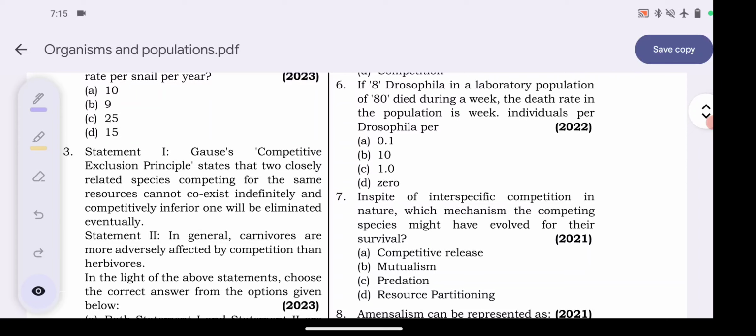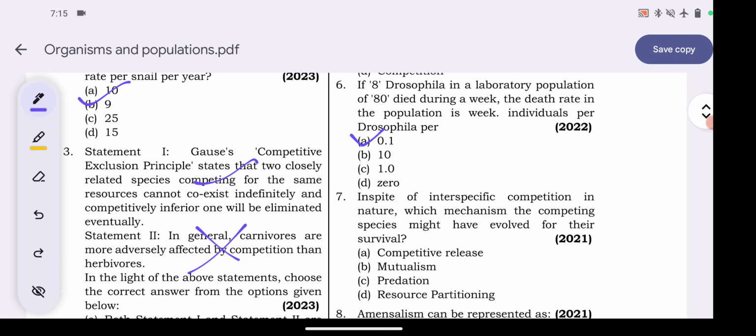So here the death rate equal to 8 upon 80, that is 0.1 individuals per Drosophila per week. So the answer will be option A, 0.1.